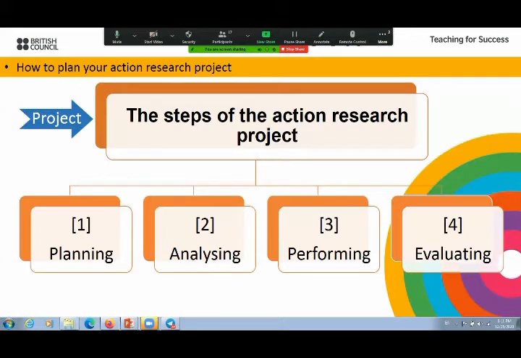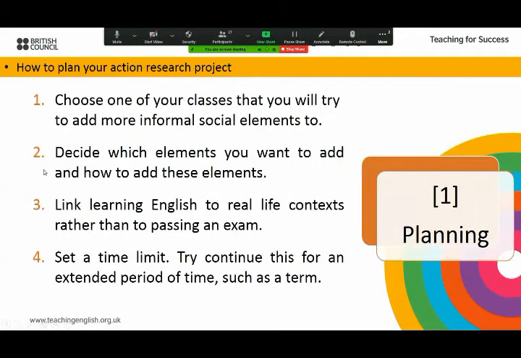So the first step is planning. You should choose one of your classes that you will try to add more informal social elements to. Number two, decide which elements you want to add and how to add these elements.